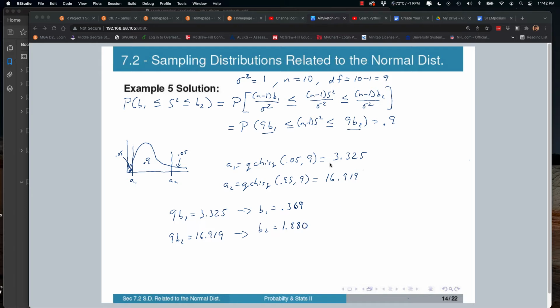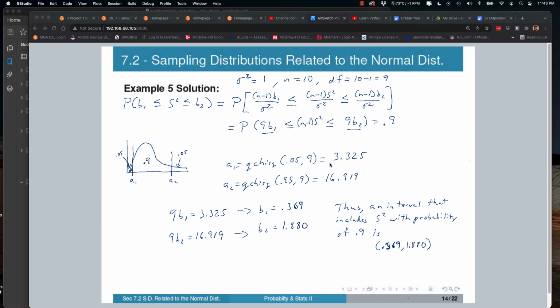Okay, thus an interval that includes s squared with probability of 0.9 is 0.369 to 1.880, or just 1.88 if you want to, and that's pretty much all there is to that. So not too bad, right?